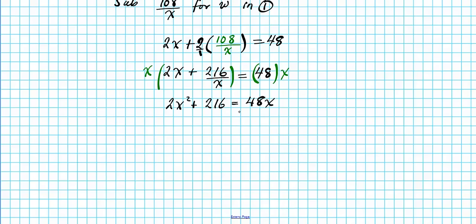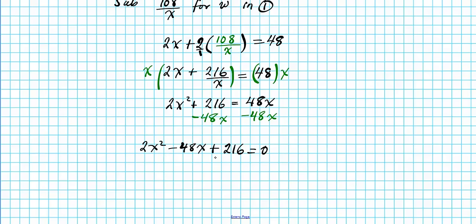Now we have a quadratic equation, so what we're going to do is put it in standard form. Okay, so to accomplish that, we have to move 48x to the left side, and we have 2x squared minus 48x plus 216 equals 0. Perfect.